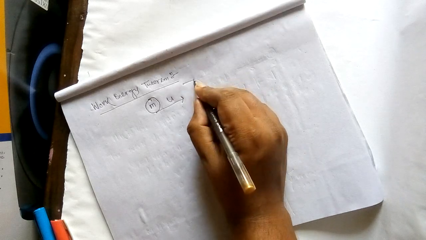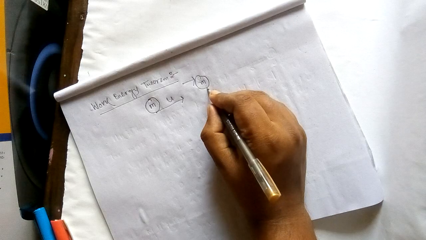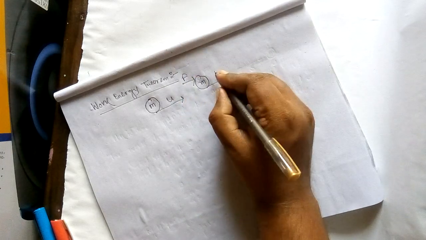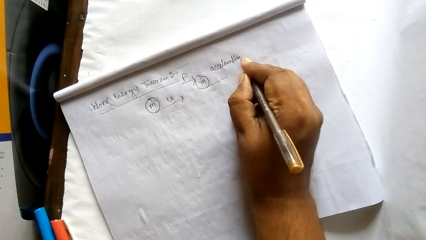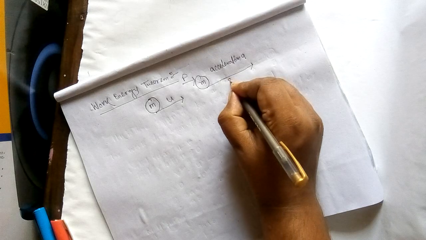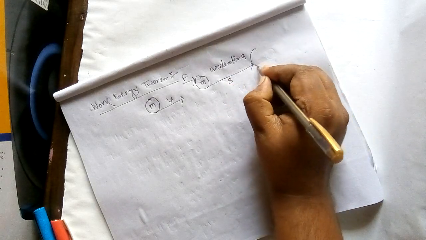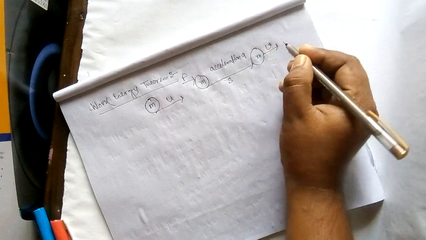Now you are applying force on it, and due to application of force F, it got an acceleration a, and it covers the distance of s, and the velocity of the body is changed to v.